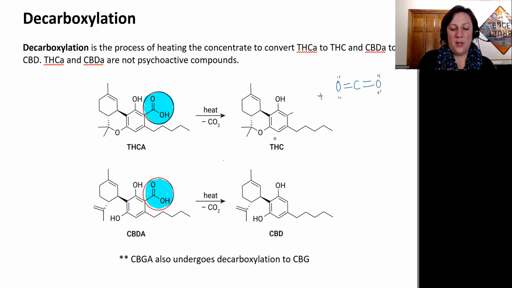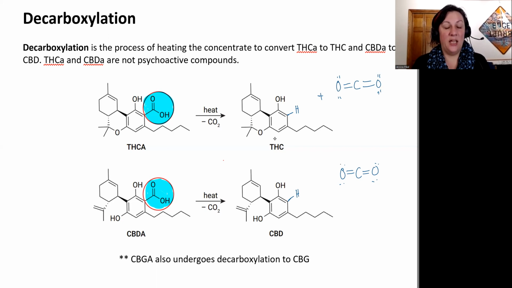And then in this spot right here where we had the carbon and the two oxygens and hydrogens, we'll have just a hydrogen bonded to the carbon of that six-membered carbon ring with the alternating double bonds. Same here with CBDA, it's the same reaction. It releases carbon dioxide, leaving behind a hydrogen. And actually CBGA also does this same conversion to CBG.